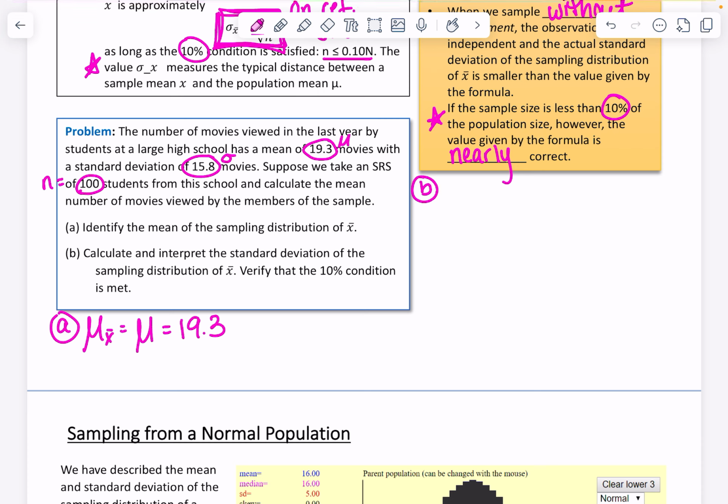Part B: calculate and interpret the standard deviation of the sampling distribution for X bar, and verify the 10% condition. The 10% condition is the little assume sentence. So assume our sample size is less than 10% of our population, so of all students at that school.